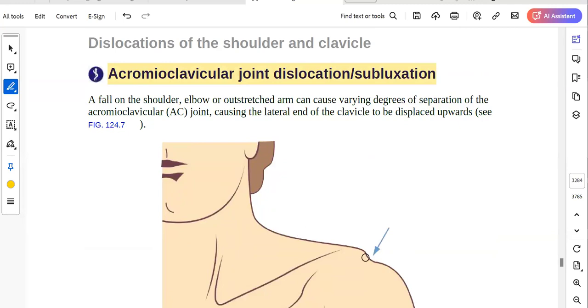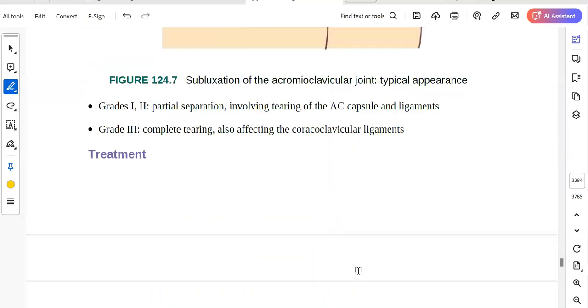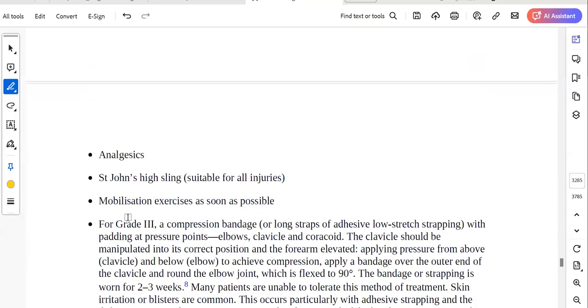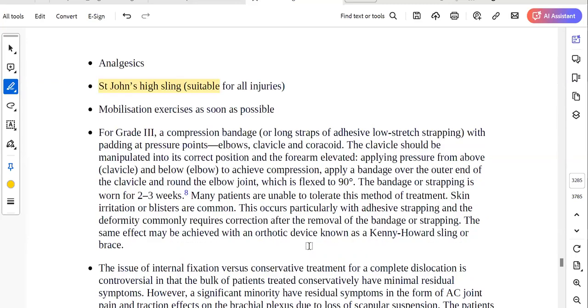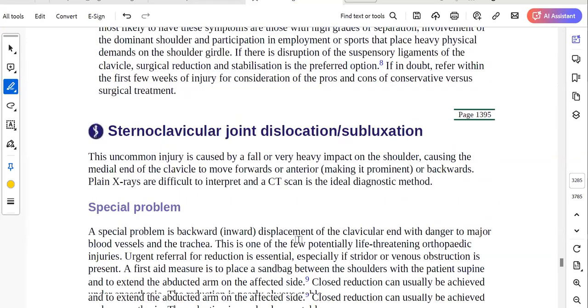So the acromioclavicular joint is over here. Again, sometimes the AC joint can get dislocated if the patient falls on the outstretched arm. Not very important for the exam. The thing is that if there is an AC joint dislocation, the treatment is the same. Painkiller, put the patient on a St. John's high sling, and that's mainly the treatment of choice. It doesn't come in exam, so not important.